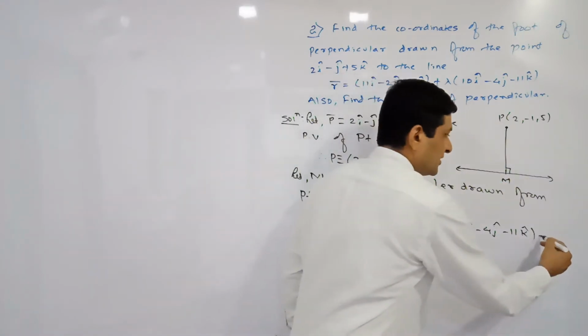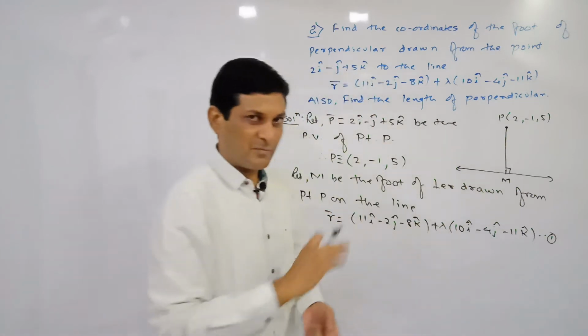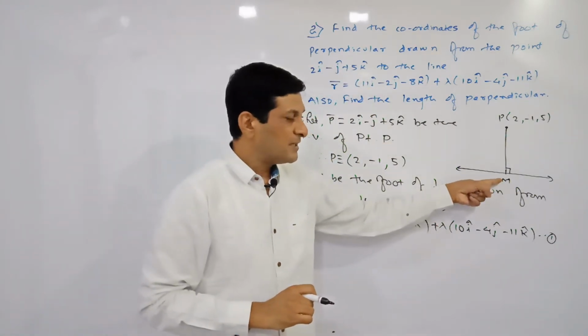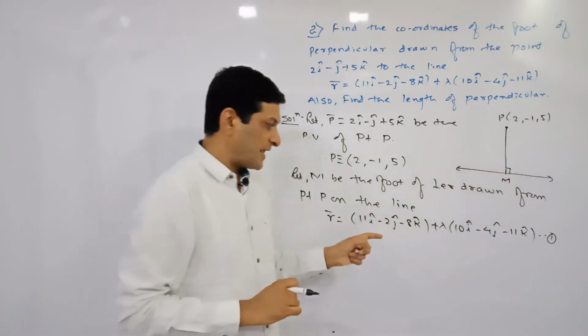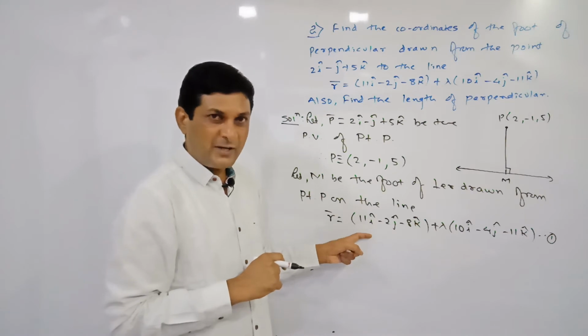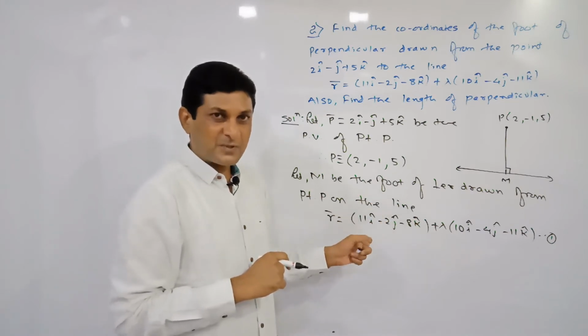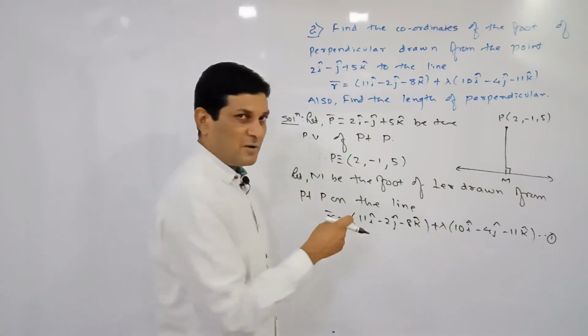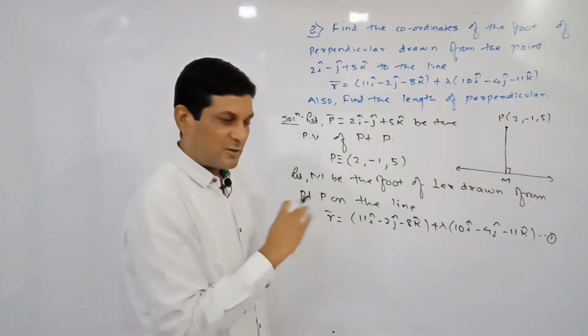Let us denote the equation of this line by equation number first. Now M is the foot of perpendicular, so point M lies on this line, and since M is a point on this line, the coordinate of point M satisfies the equation of the line. So from the equation of the line we are trying to find the coordinate of point M.